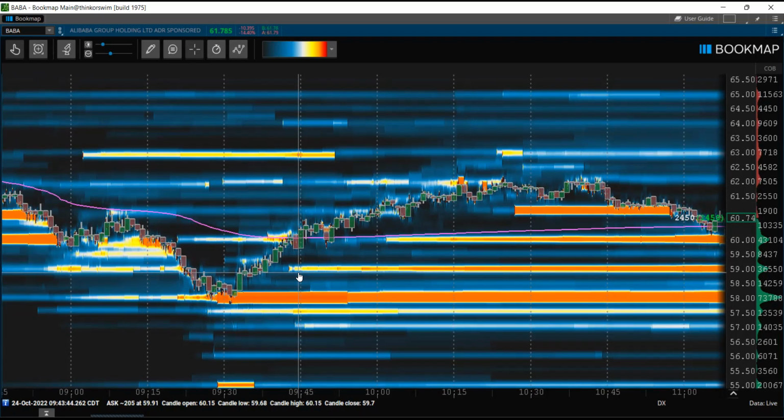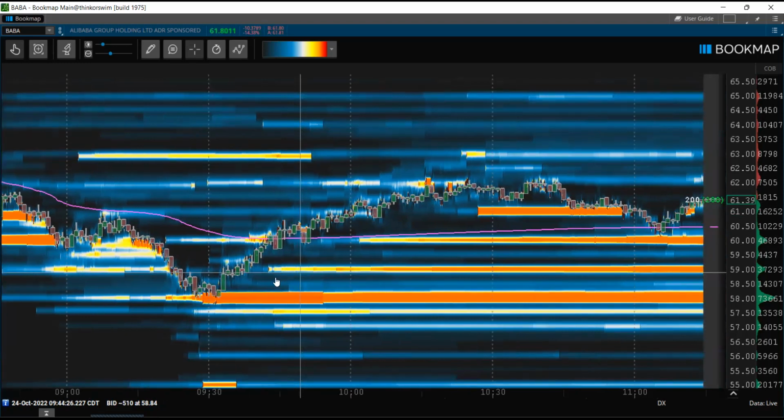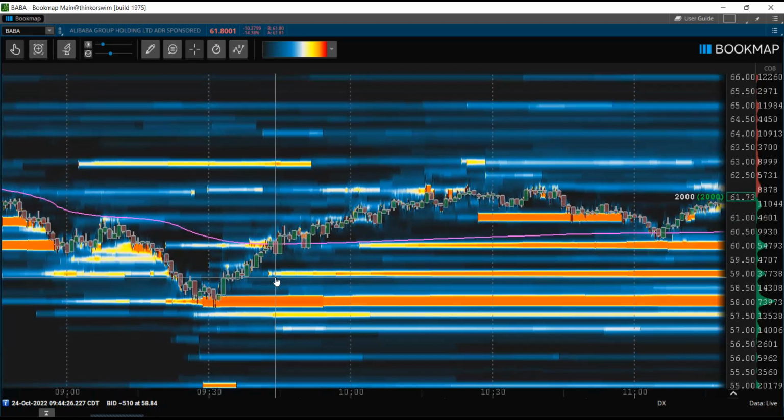And again, we got hundreds of trades using Bookmap, so this isn't just something that happened one day. Every single day you can take advantage of these three Bookmap strategies that I've been able to find and share with everyone. So anyway, with that said, that's Baba and Tesla.